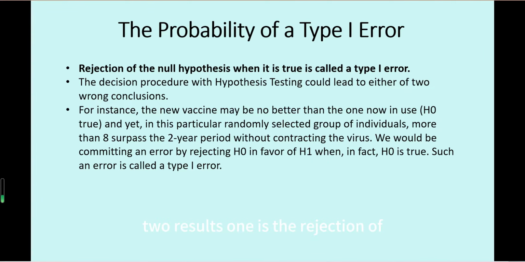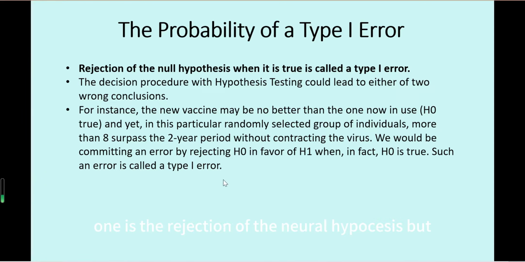One is the rejection of the null hypothesis, and another result is we just hold this null hypothesis. The null hypothesis is H0, and the alternative, or rejection of the null hypothesis, is to hold the alternative hypothesis, which is called H1, right? So there are usually two types of error we can make.